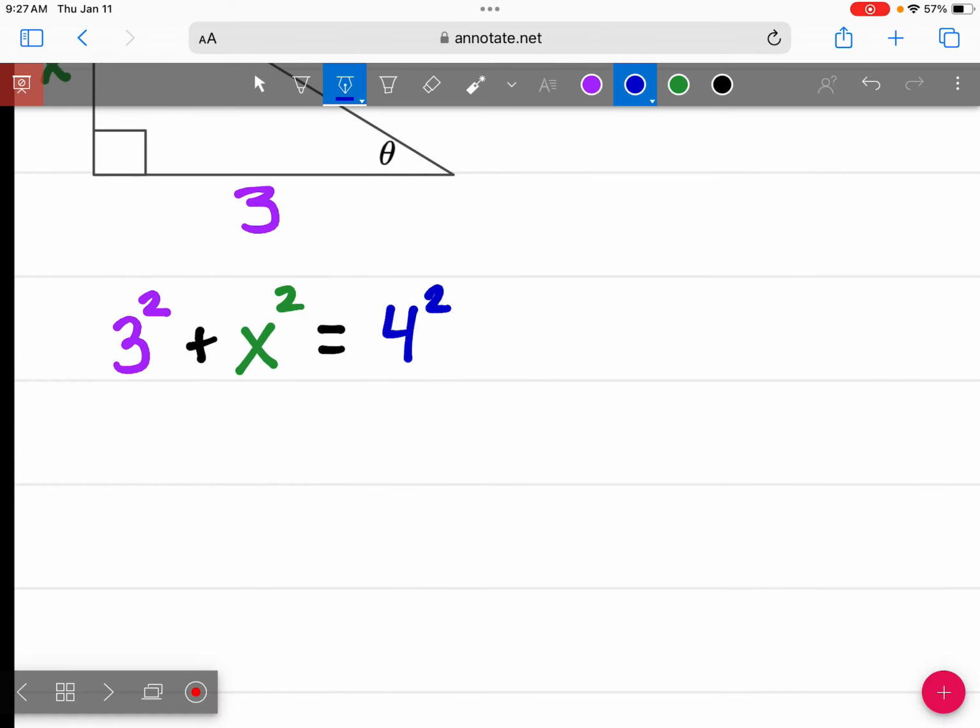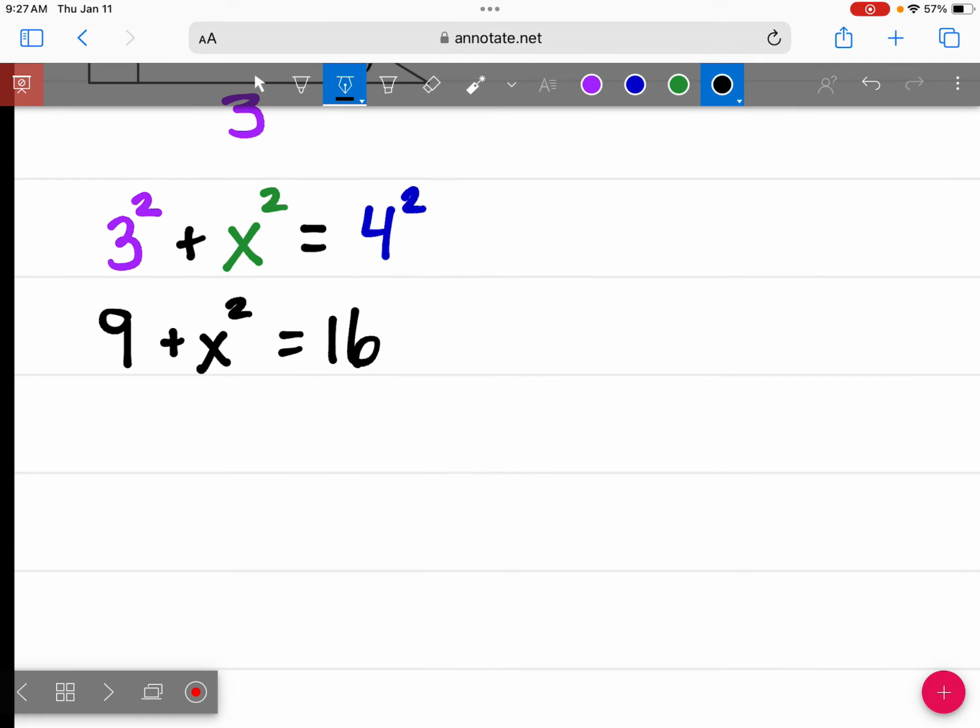So let's find out what x is. Three squared is 9, plus x squared equals 16. What does x squared equal? 7. So what does x equal?